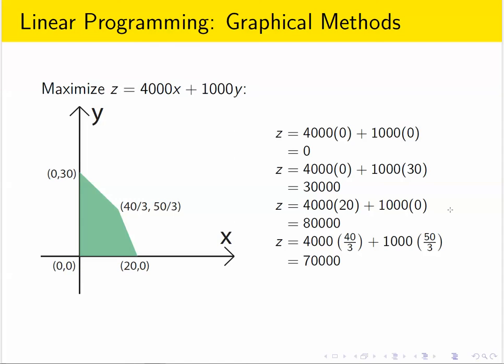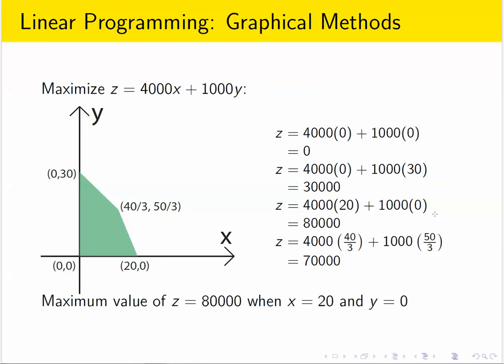So we're going to be looking for the largest output we can, which is this output, 80,000. So we get a maximum value of 80,000 if we plug in the appropriate corner. So that corner was when we plugged in 20 for x and 0 for y, right here.